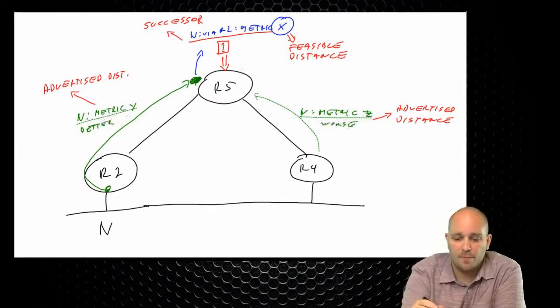So now, what R5 is going to look for is: is this value here lower than this value here?